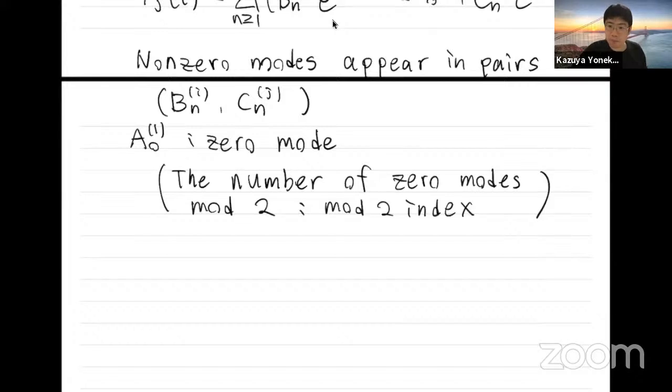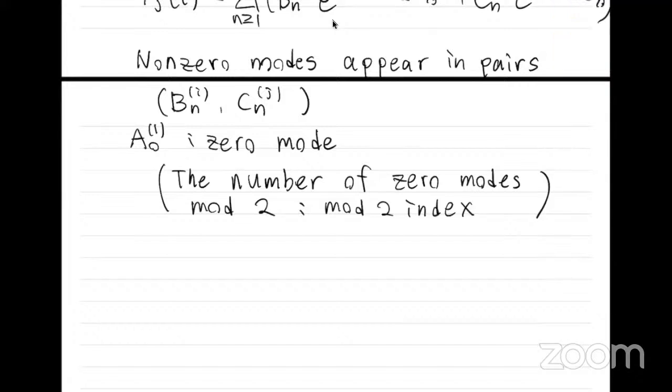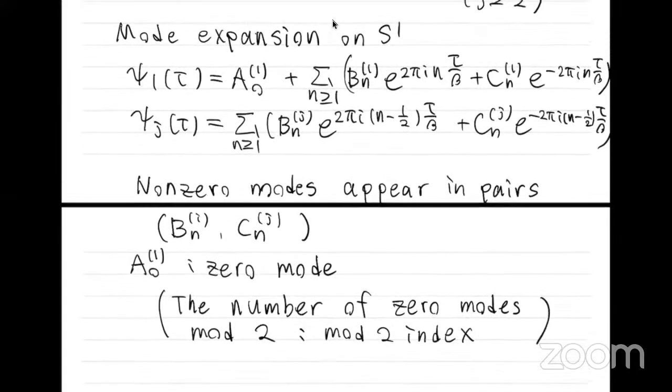Yes. My question is, shouldn't you demand that Bn and Cn are either the same or conjugate numbers? I'm a bit confused whether they are actually a pair of free degrees of freedom or if they are connected somehow, because the fermions being Majorana and being real.